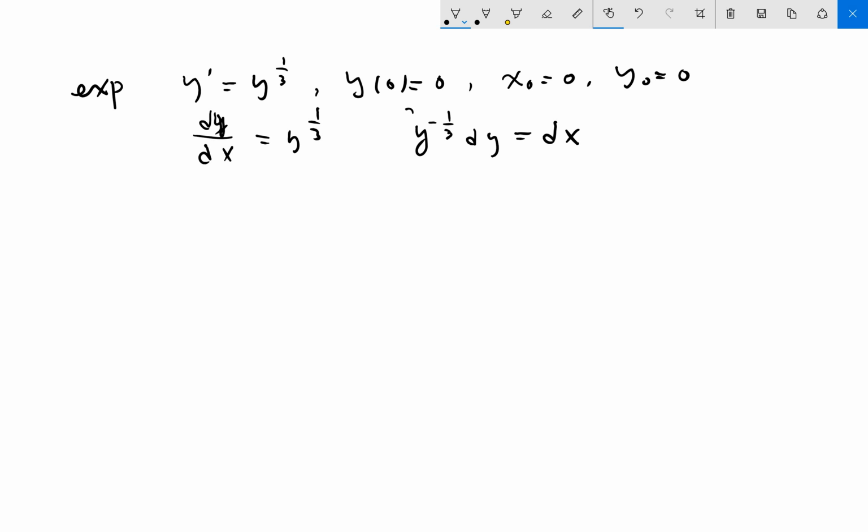Now, integrating the left-hand side gave us 3/2 y to the 2/3. And the right-hand side, integrate, you got x plus c. You can ask, why don't you have c on the left-hand side? That's fine. You put the 2 c's together on the right-hand side, combine, give another c.